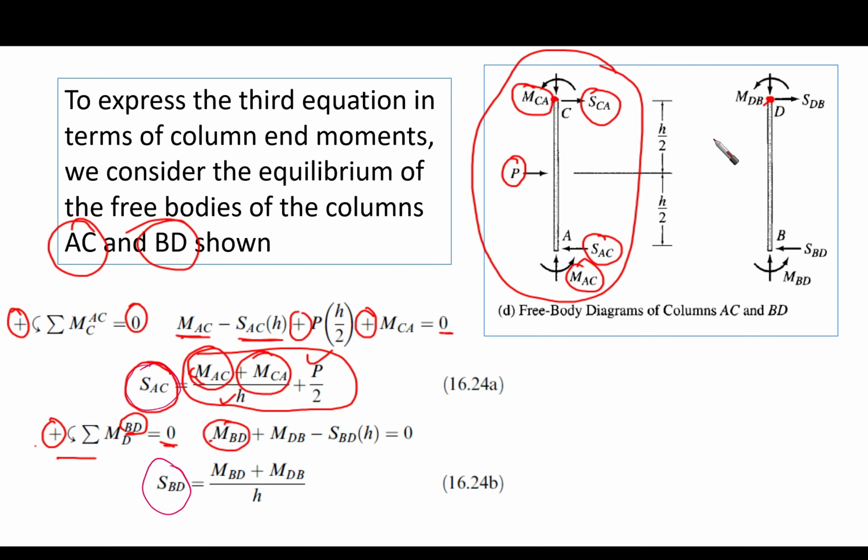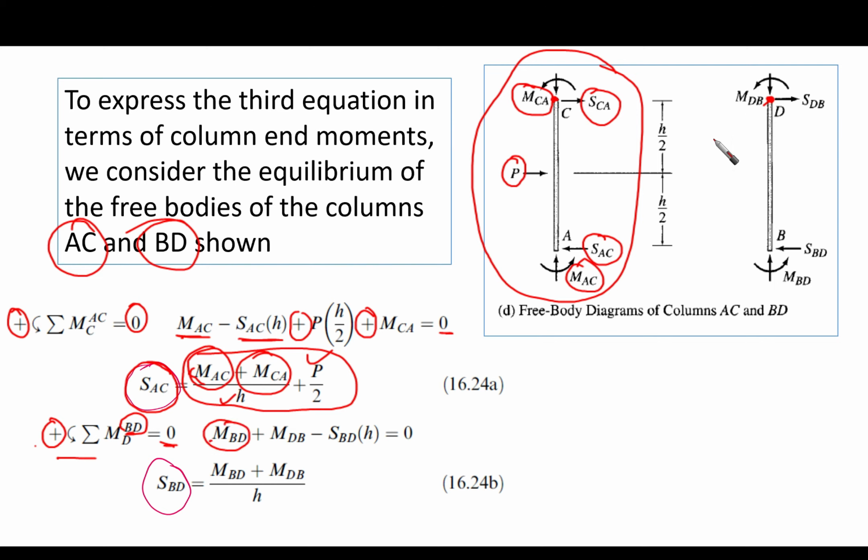Now SDB does not make any moment. However, SBD does, SBD times the height. I assumed it in this direction, so it is clockwise, and therefore negative. Rearrange and put SBD as a function of the end moments: MBD plus MDB over H.